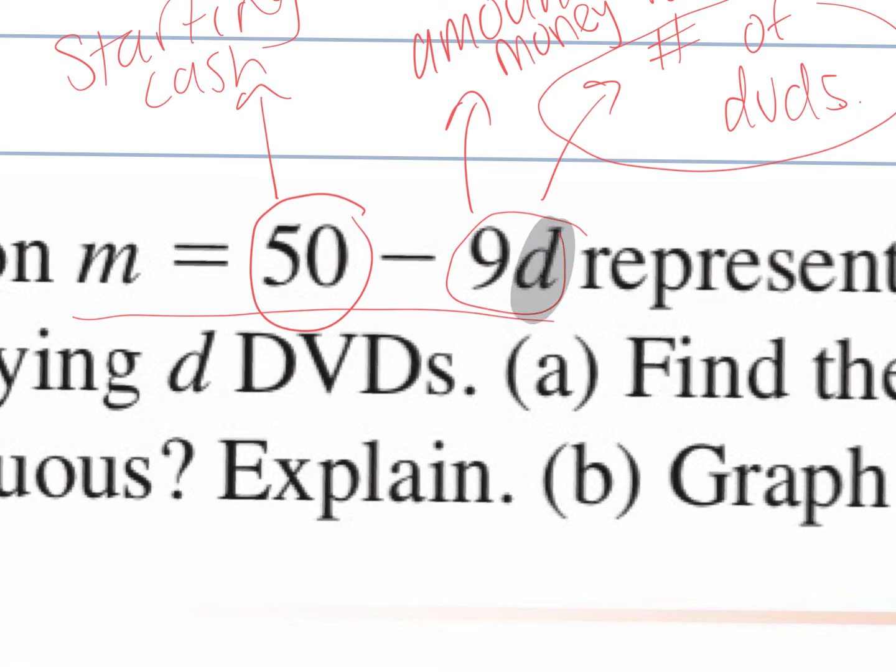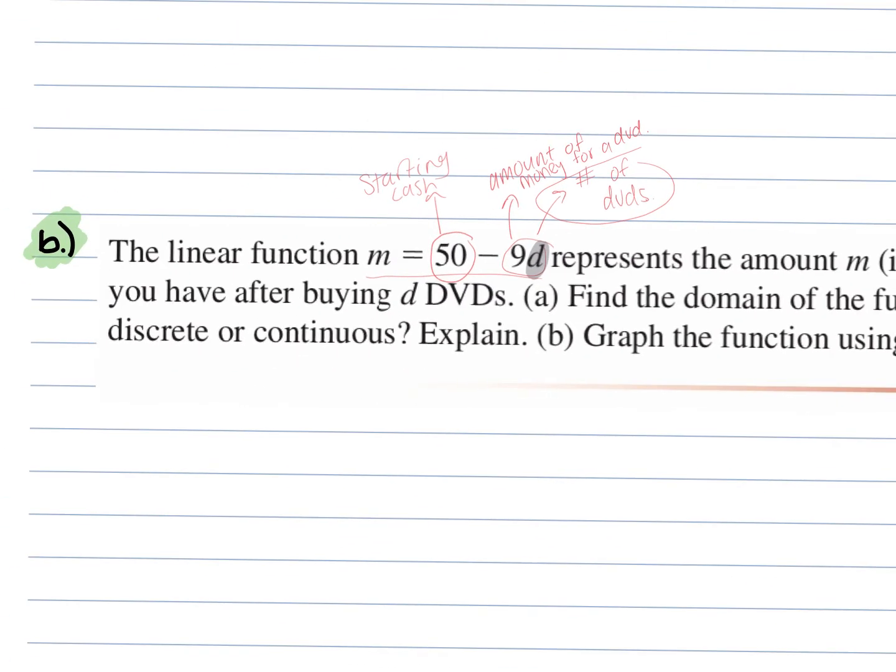That's what we're inputting. Do you guys see that? What would our dependent variable be then? M. So our domain is going to be all the values of D, in other words, the number of DVDs that we can buy.